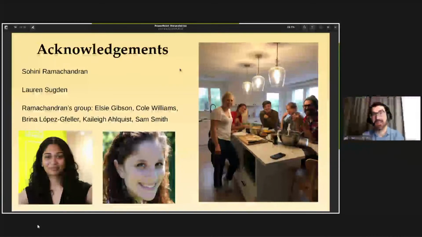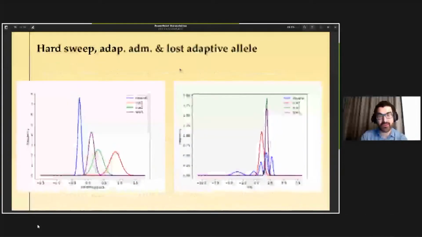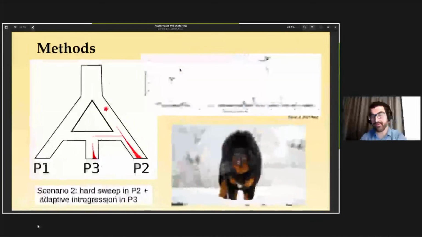Good question. I haven't explored the possibility of balancing selection yet, but it could be possible. Fluctuating selective forces, we can actually simulate that. Let's imagine, for example, the example of an admixture, right? In this particular case, one of the source populations is experiencing fluctuating selection, so the same allele will have different values of selective coefficient because of environmental changes across time.